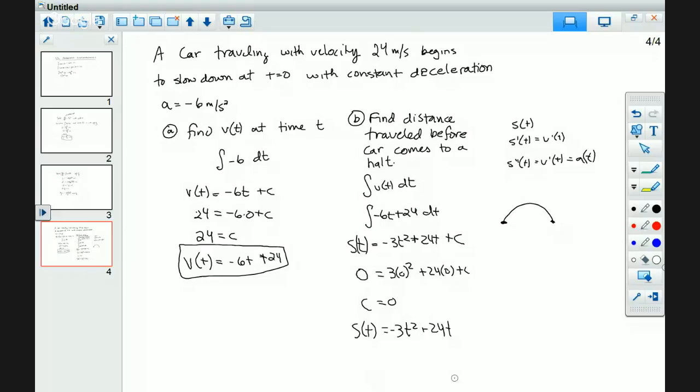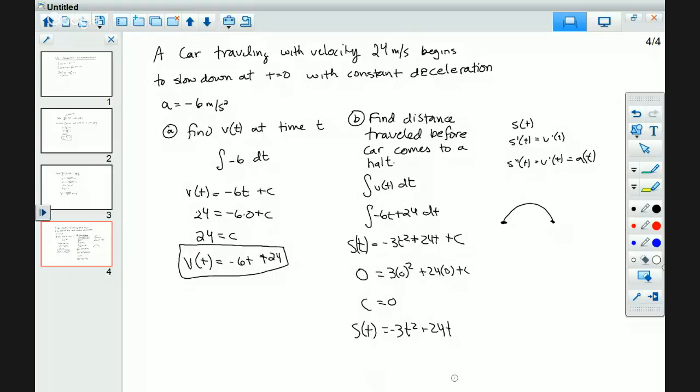Now, the question is, how do we calculate distance traveled? You find when v of t is equal to 0. This is the key on these. How do I know when this car stops? It's coming to a halt when velocity is 0.